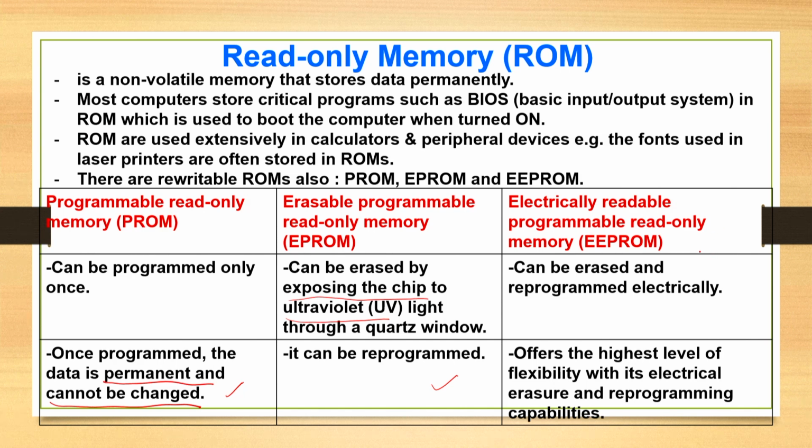Another one is EEPROM, that is electrically erasable programmable read-only memory. It can be erased and reprogrammed electrically, so it offers the highest level of flexibility with electrical erasure and reprogramming capabilities. This was about ROM, the read-only memory, which is a primary memory.